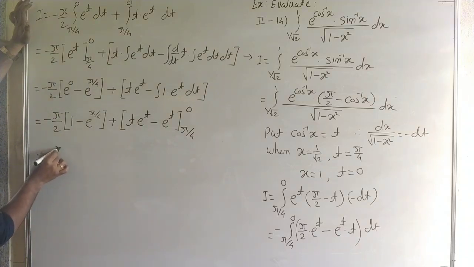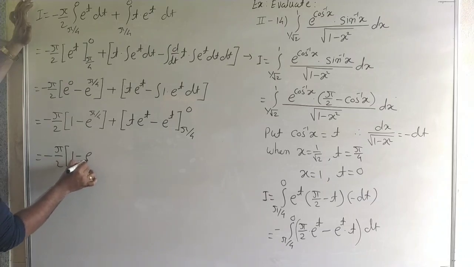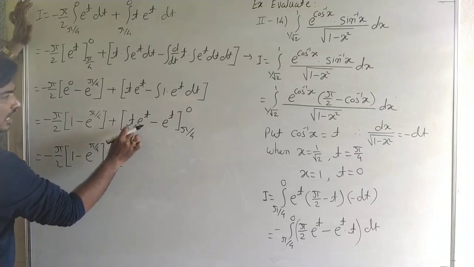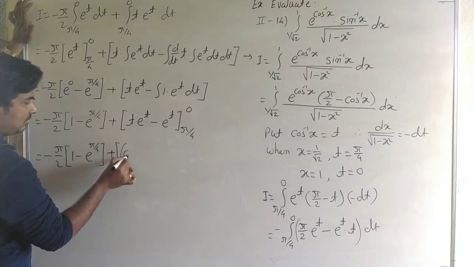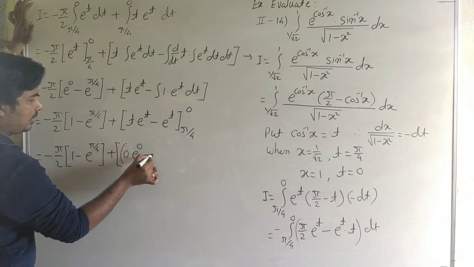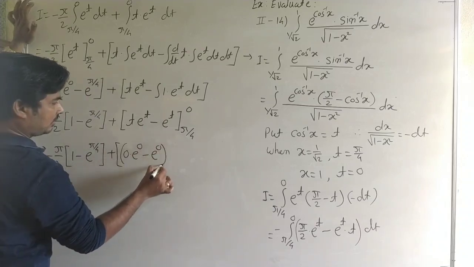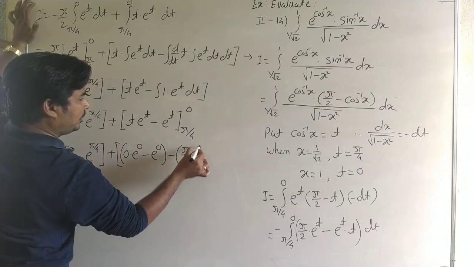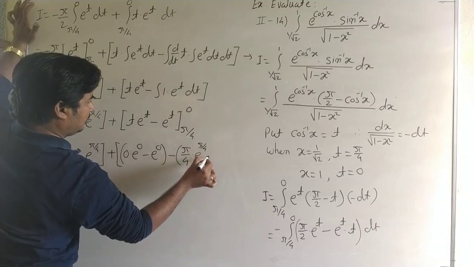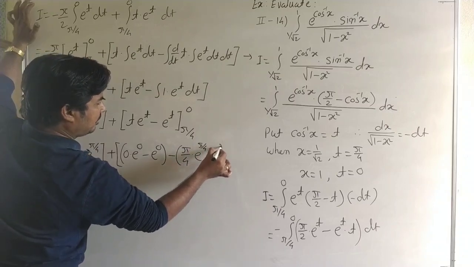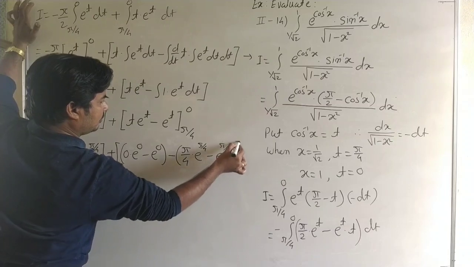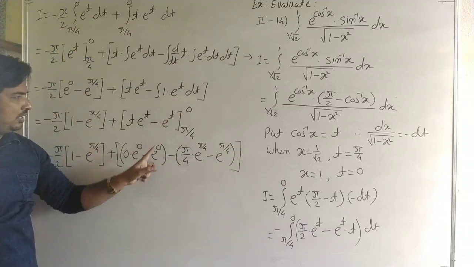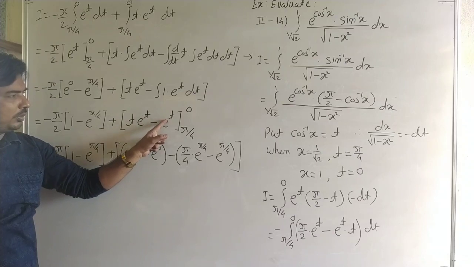First term as it is, minus pi by 2 into 1 minus e to the power pi by 4, plus upper limit minus lower limit, 0 into e to the power 0 minus e to the power 0, minus pi by 4 into e to the power pi by 4 minus e to the power pi by 4. Here upper limit minus lower limit, pi by 4.